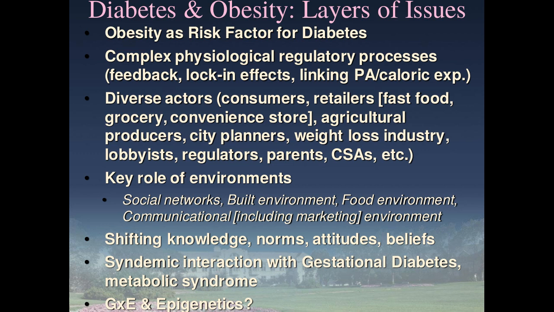Examples would be in the diabetes and obesity area, where we have long recognized certain metabolic components that are fairly well mapped out for large areas of them. But those studying obesity have identified a wide set of layered issues that are very, very complex and that shape obesity outcomes in the population.